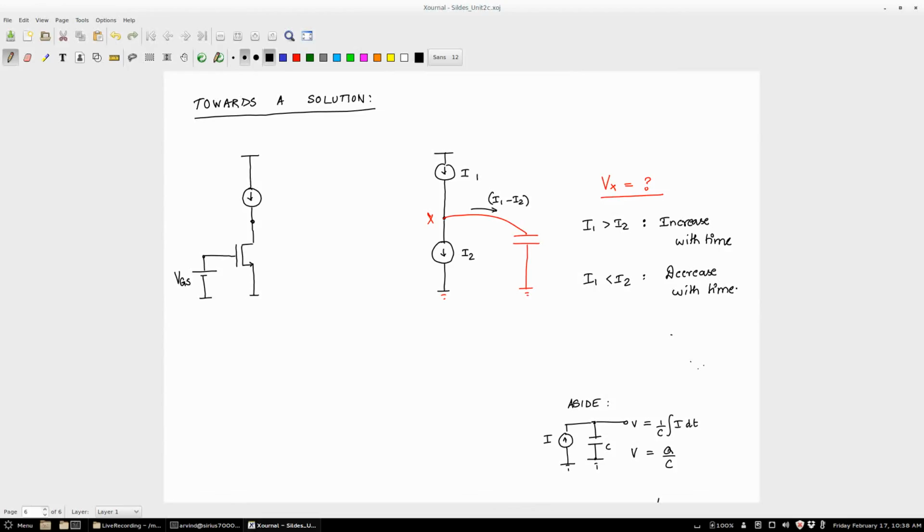Why not? This is just two different current sources. I can connect them like that. No harm. The two ideal current sources, I am just connecting them. Why should one be more than the other? Right? There is no real requirement like that. So, what about the situation when I1 equals I2?